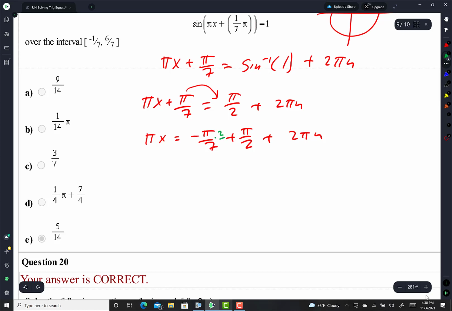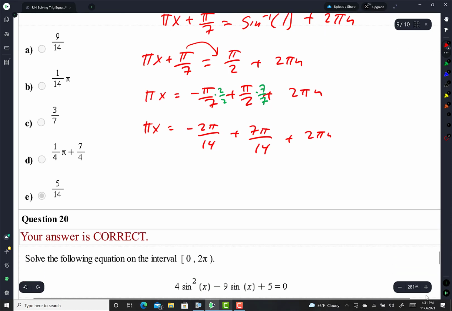So times 2 over 2 times 7 over 7. So pi x equals negative 2 pi over 14 plus 7 pi over 14 plus 2 pi n. So pi x equals 5 pi over 14 plus 2 pi n.